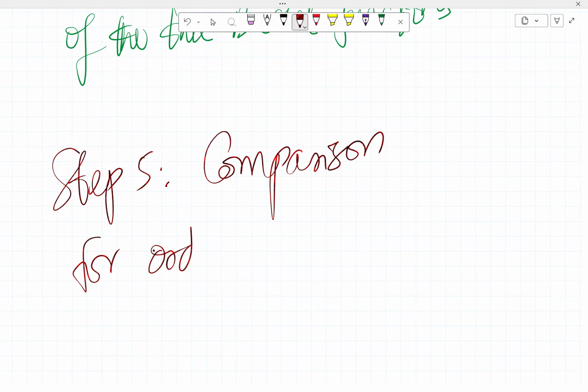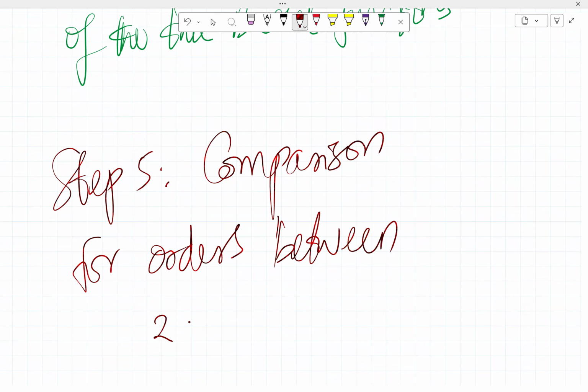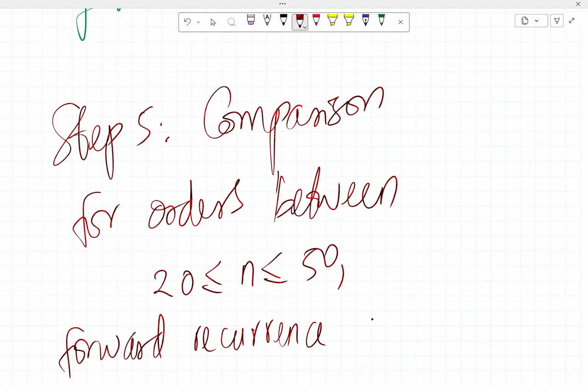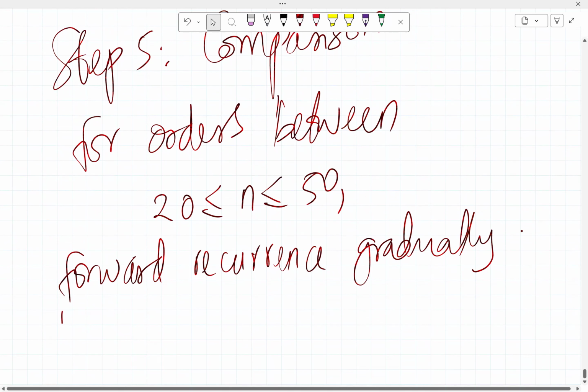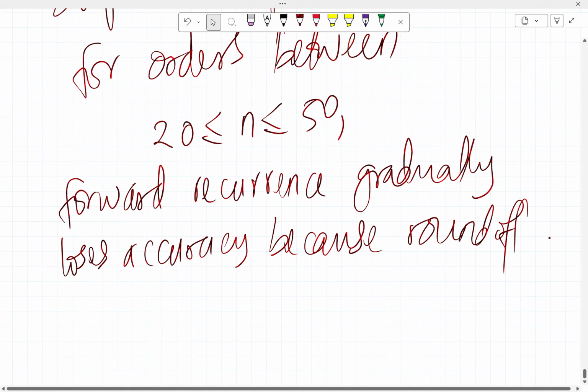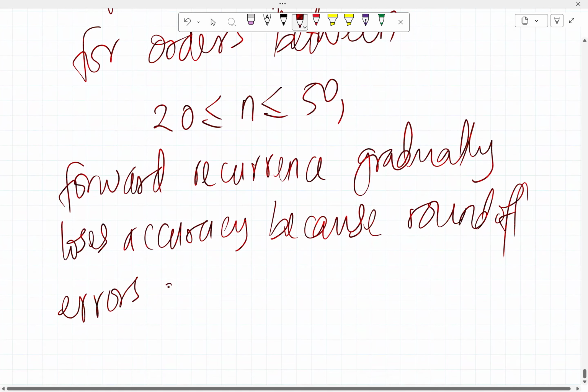So for orders between 20 less than or equal to n less than or equal to 50, forward recurrence gradually loses accuracy because round off errors grow at every step.